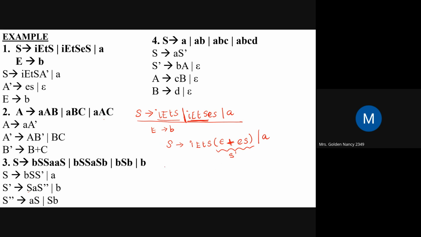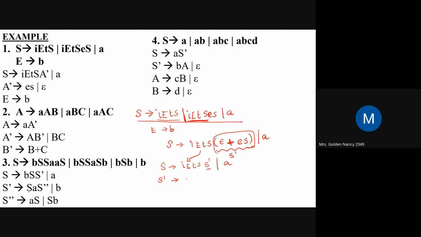So how does the first production become? S gives IETS followed by S dash, since I'm not going to repeat this. S dash slash A. Okay, so now I made it like this. Now I want to define S dash. What is S dash here?